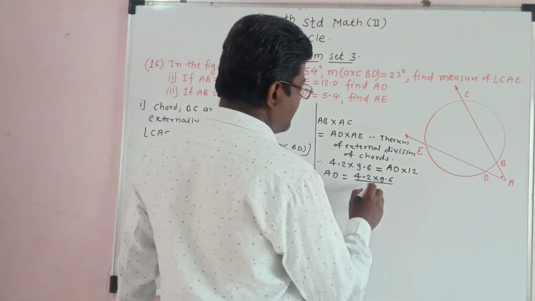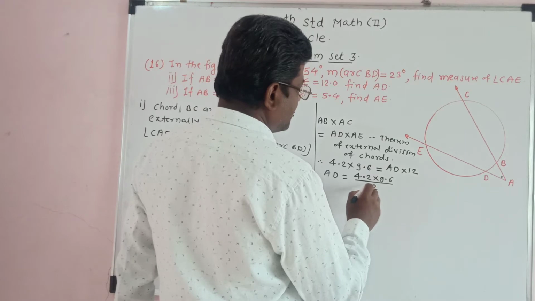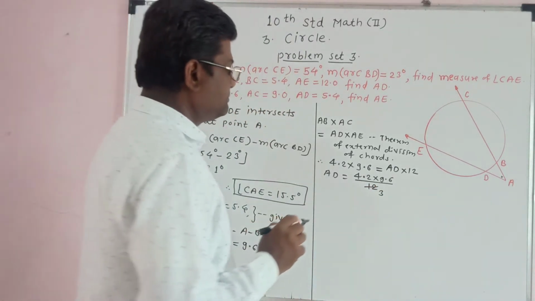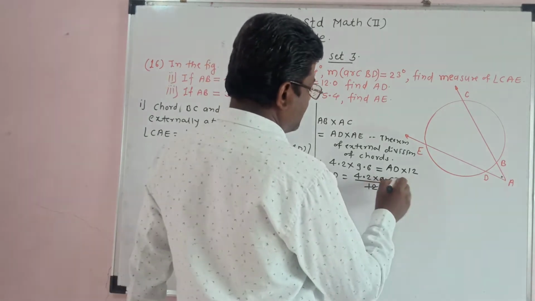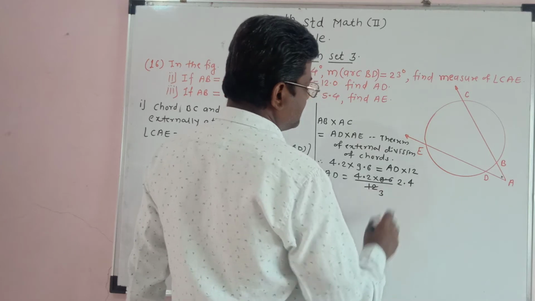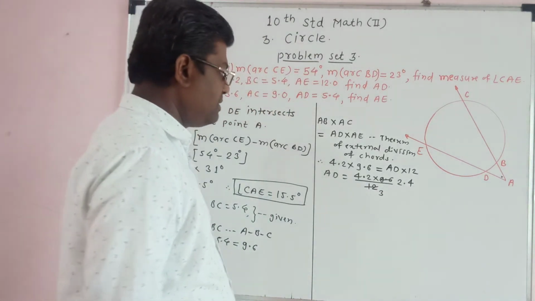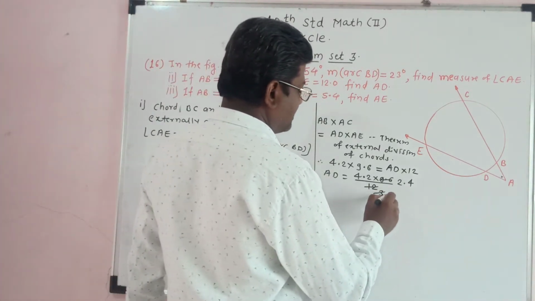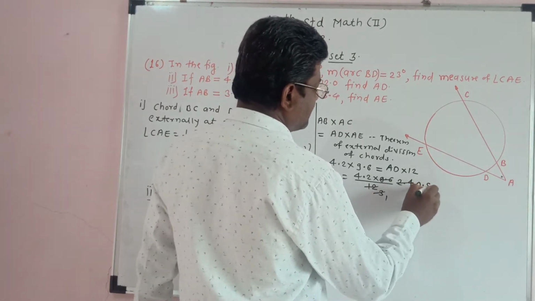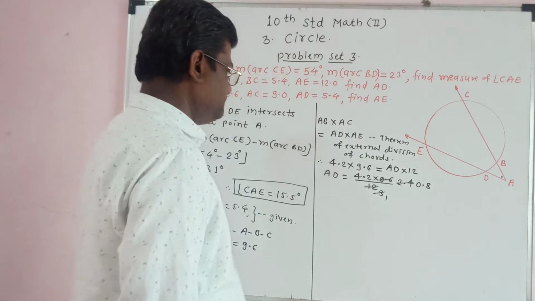Now divide by 4. 4 3s are 12, 4 2s are 8, 4 4s are 16. Now divide by 3. 3 8s are 24.